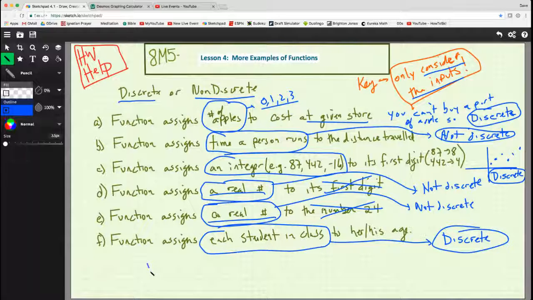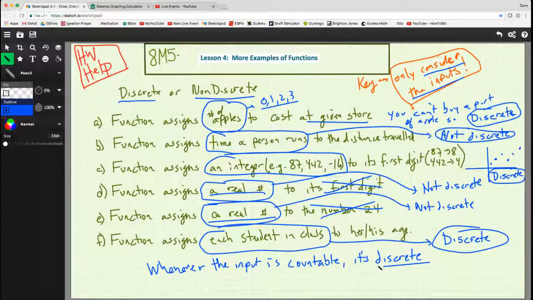Whenever the input is countable, with finite, well, let's just say whenever it's countable, it's discrete. Right? Because Joe, Fred, Susie, those are discrete people, easily countable.